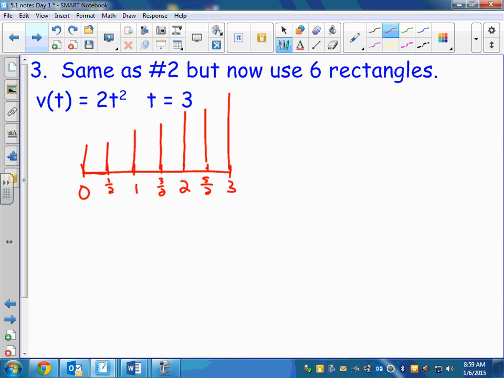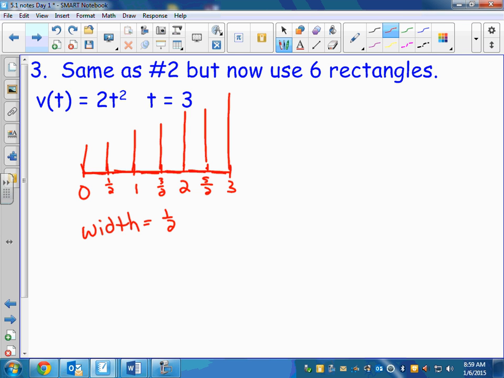How wide is each one of these? 1 half. So my width, or my base or my length, I don't know what you call it, I always call it the width. The width on this one is 1 half for each one. Any clue what I'm saying?